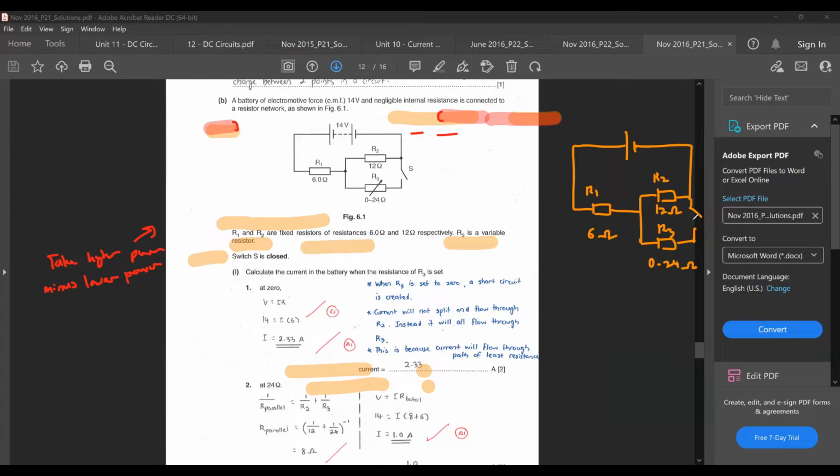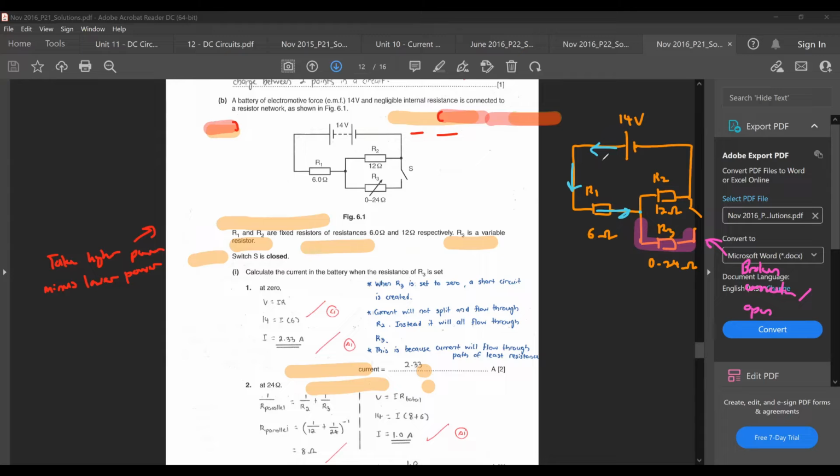So my switch S is open. Once your switch S is open, you try to look at how your current flows. Current will flow like this, like this, like this, and then it reaches this junction. Now, this part here is broken. This one is a broken connection, it is open.